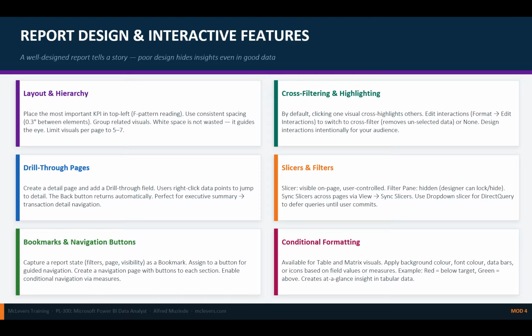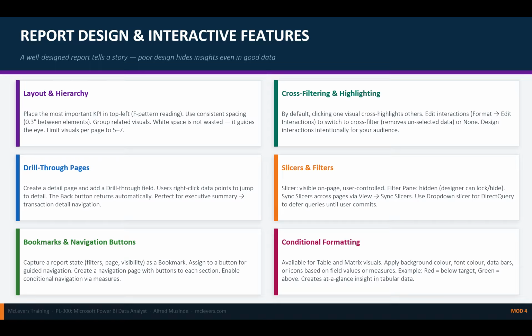Using consistent spacing, right? For example, that's 0.3 between elements, and make sure that in most cases you group related visuals together, right? And making sure that white space is not wasted, and most importantly, make sure that the visuals are not cluttered per page, and it's best to limit the visuals to 5 to 7 visuals per page. And in case your visuals exceed that, you can make use of things like bookmarks.